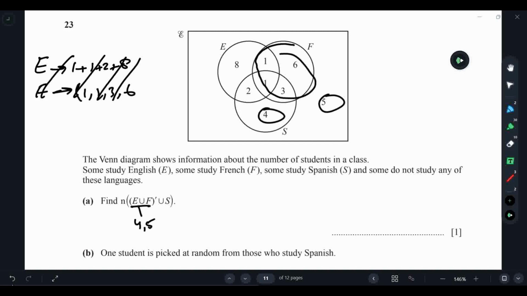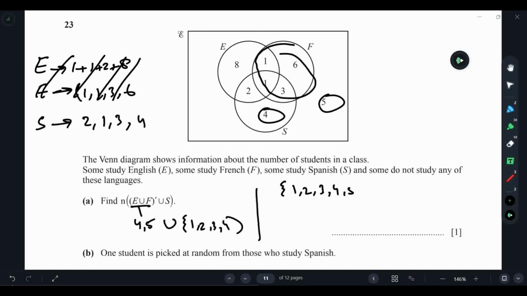Union S. For the circle S, we will have 2, 1, 3, and 4. Now, if we take the union of these two, of this with 1, 2, 3, 4, we will have the set with values 1, 2, 3, 4, and 5.